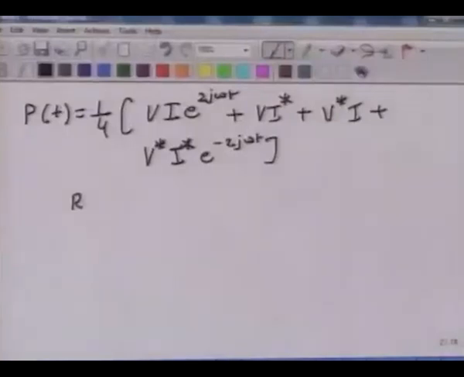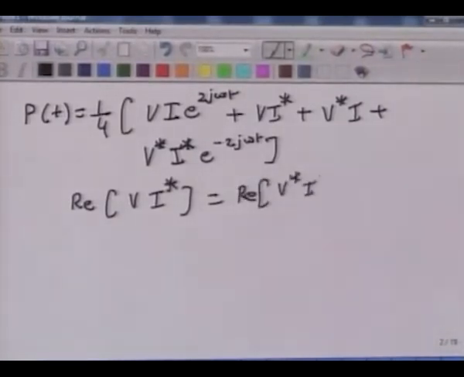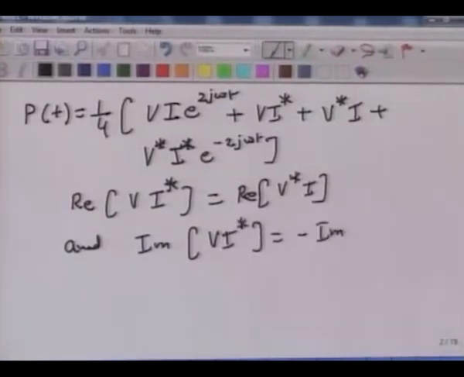So real of V I star equals real of V star I, and the imaginary portion of V I star equals minus the imaginary portion of V star I. So I can club these two and sum them up: V I star plus V star I is twice the real of V I star.